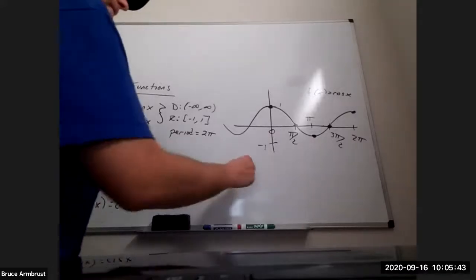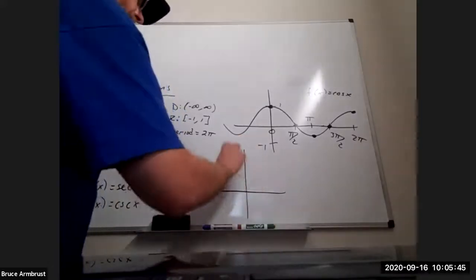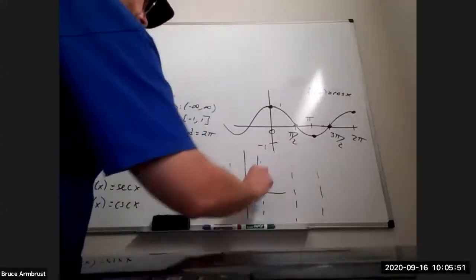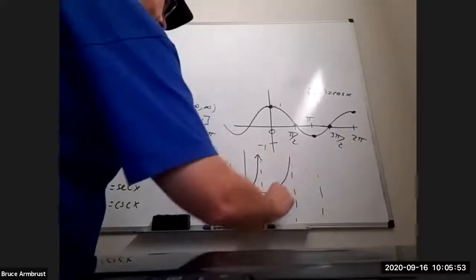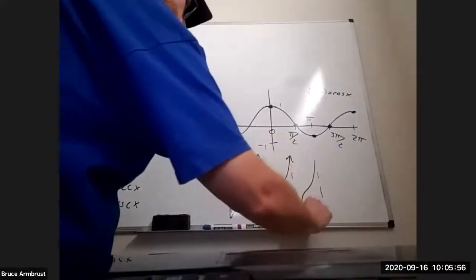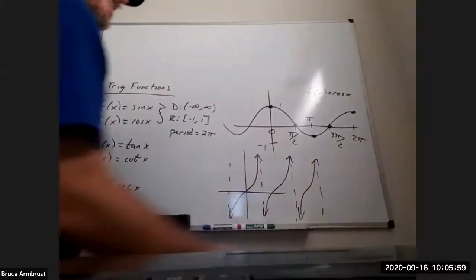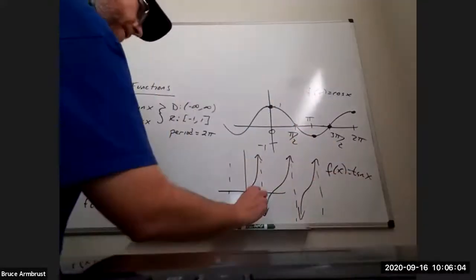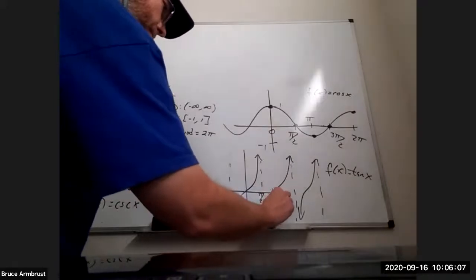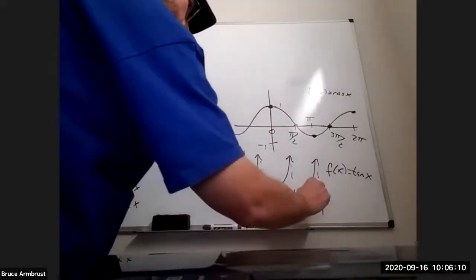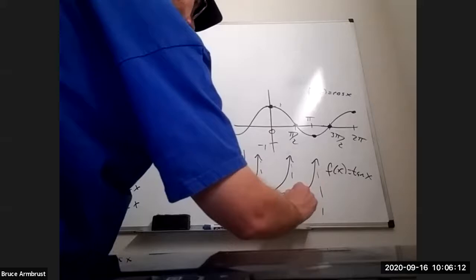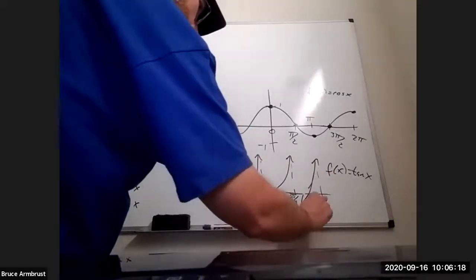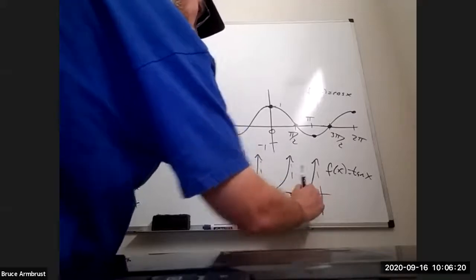And let me go ahead and just give you a graph of tangent real quick. Tangent's one of those that has asymptotes every once in a while. In terms of the important points here, that's pi over 2, pi, 3 pi over 2, and so on.